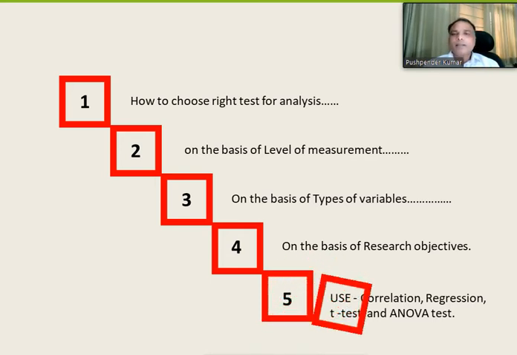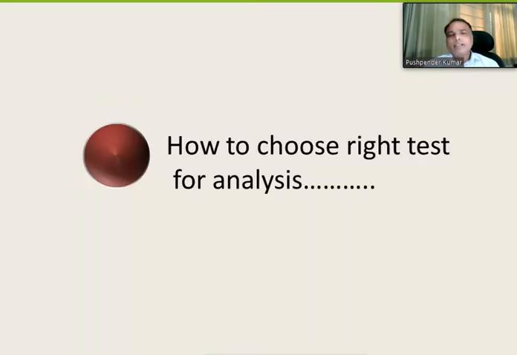Other things we'll consider as well, which I haven't mentioned here. It's going to be a very important discussion where we will learn how to choose the right test for the analysis.